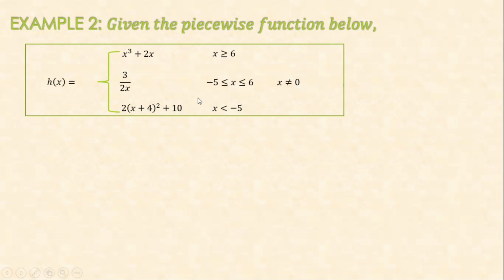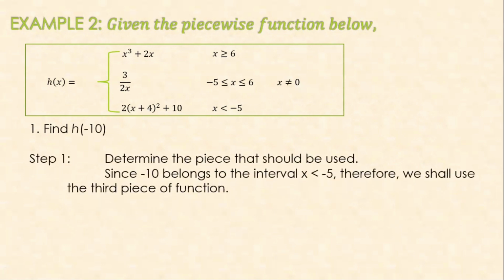And the third piece of the function is 2 times x plus 4 squared plus 10, given that your x should be less than negative 5. So let's try to find h of negative 10.